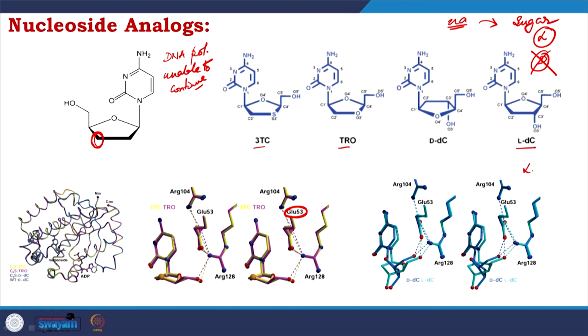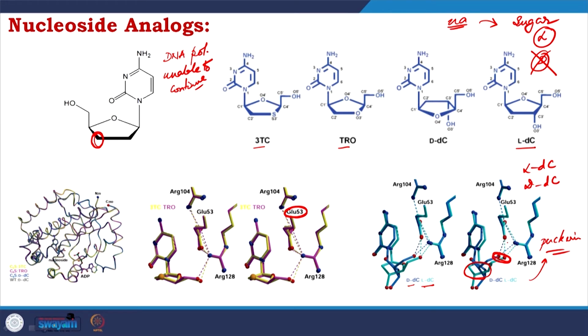If you see the comparison between L-deoxycytidine and D-deoxycytidine, you will clearly see that in the case of D-deoxycytidine it is here, whereas there is a huge sugar puckering, and this sugar puckering helps the L nucleoside present its atoms close to GLU53 as the D-deoxycytidine did.